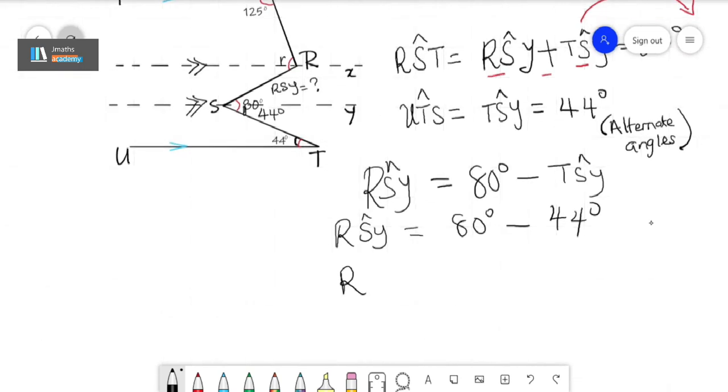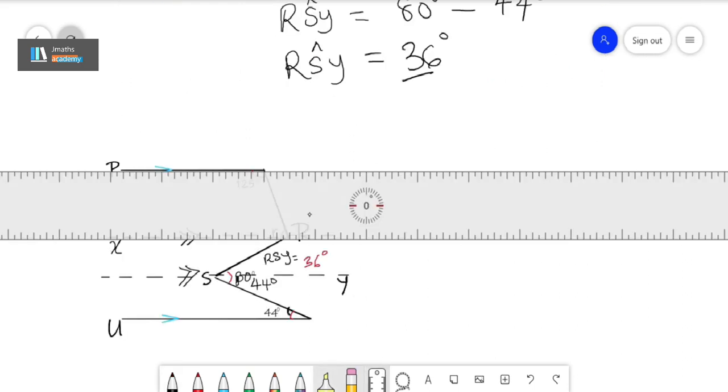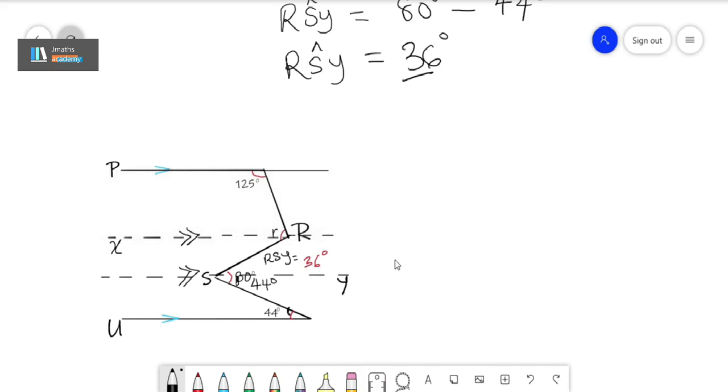So we have RSY to be equal to 36 degrees. So let's call this line, say, B.